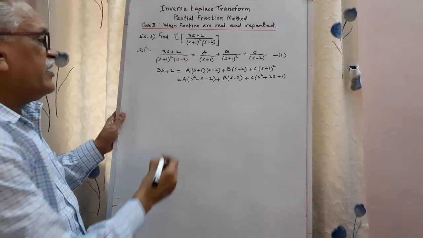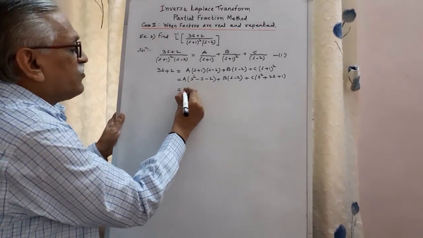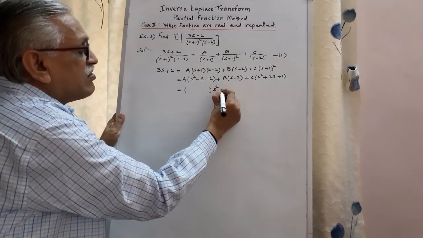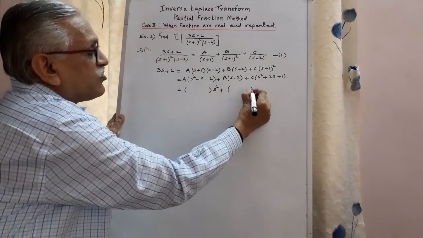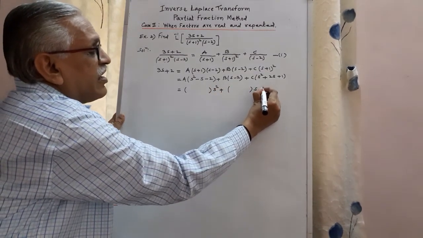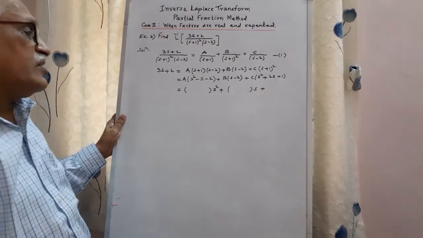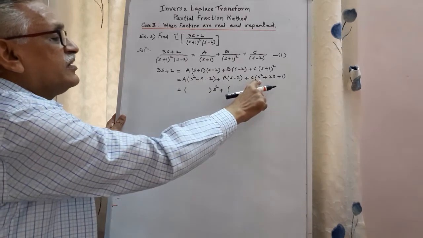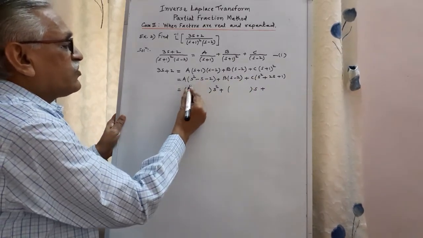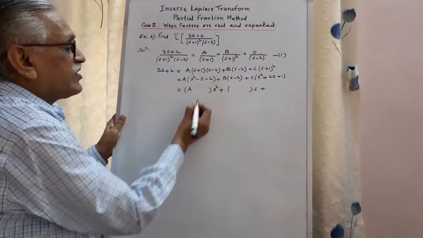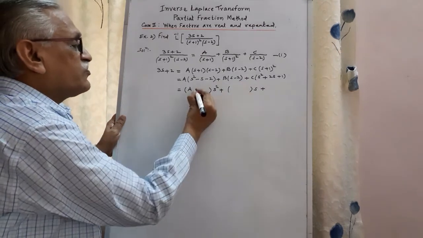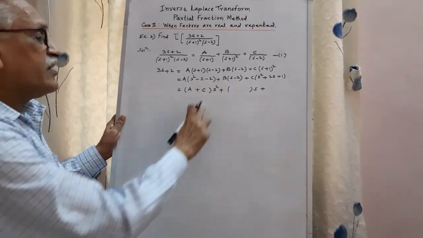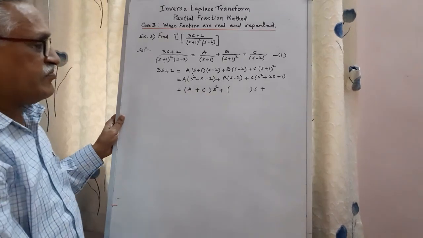Okay, and then collecting the terms of s square, collecting the terms of s, and then the constant term. Here the term of s square, therefore a into s square means a remains, plus c into s square, taking s square common we get a plus c.